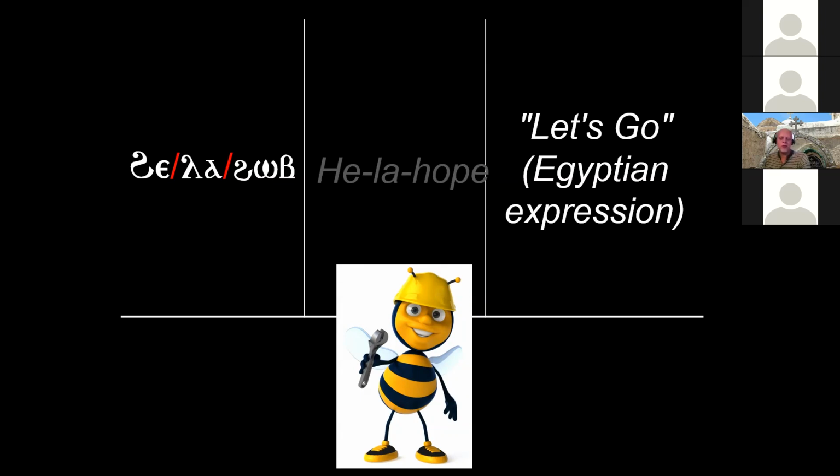This is an expression. It means let's go. Even today in Egypt, when they're trying to do something, they say, Hela hope, let's go. So it's actually a Coptic word. Good job.